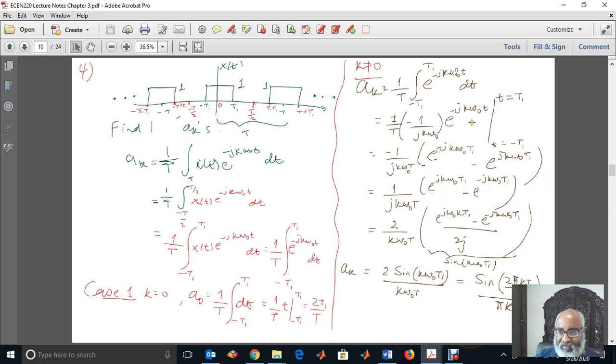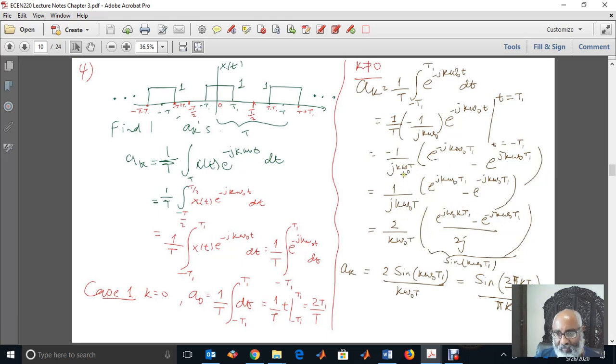Then we evaluate from minus T1 to T1, and we can simplify this and change it to sine, because sine of theta is e raised to j theta minus e raised to minus j theta over 2j.